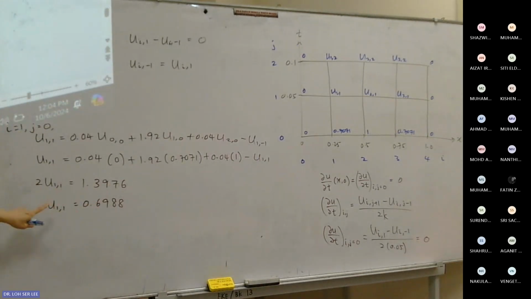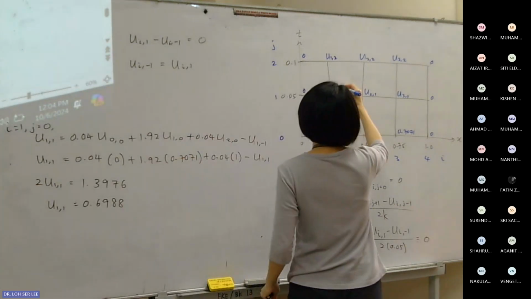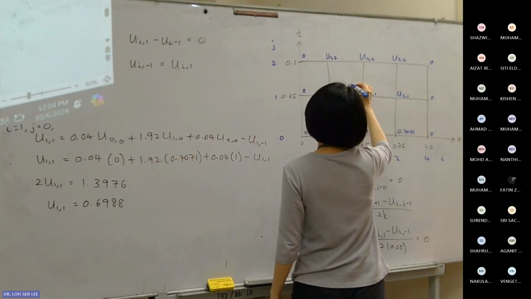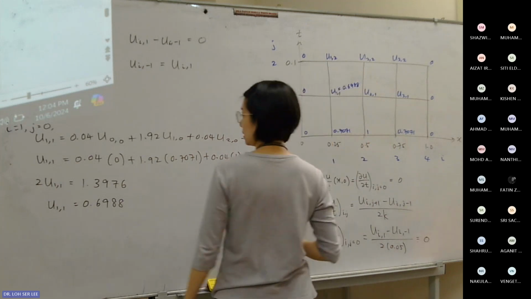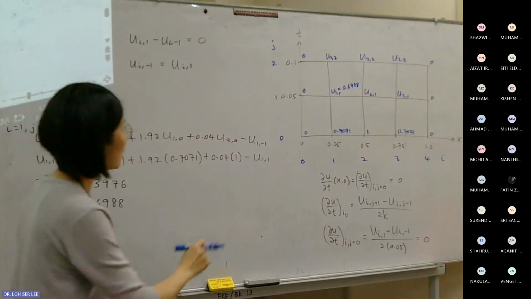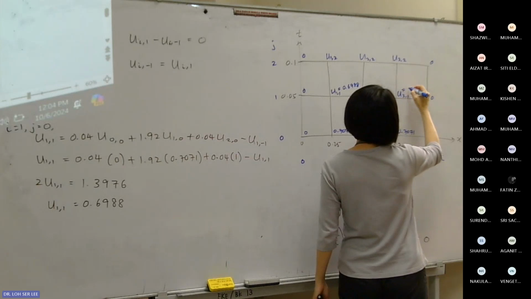Any questions for this one? Once you get this, push back to the grid: 0.6988. That means your U31 is also the same.